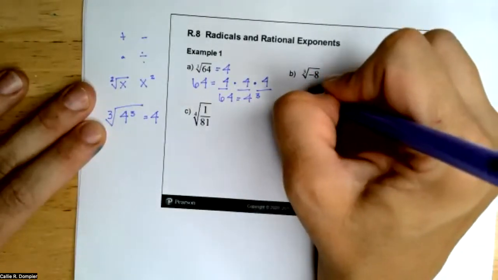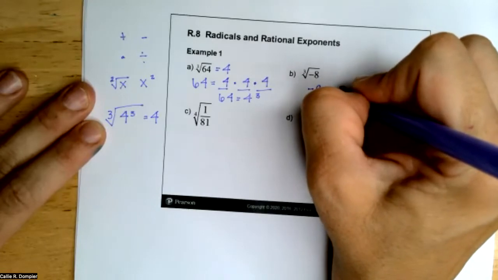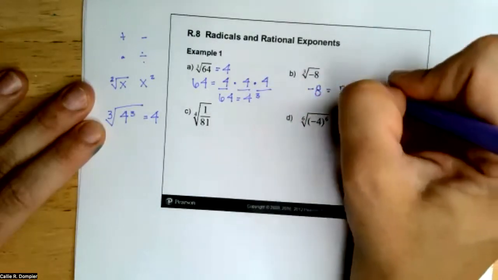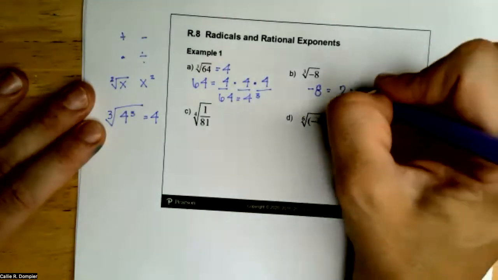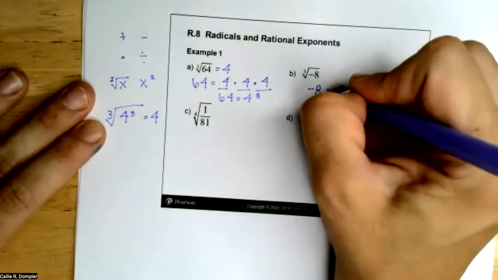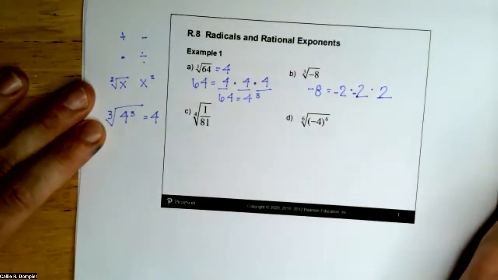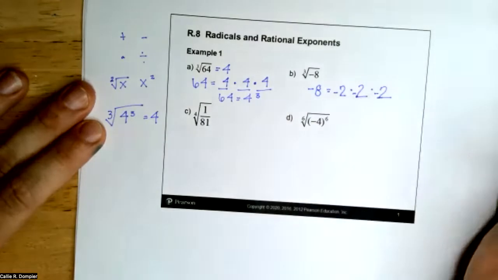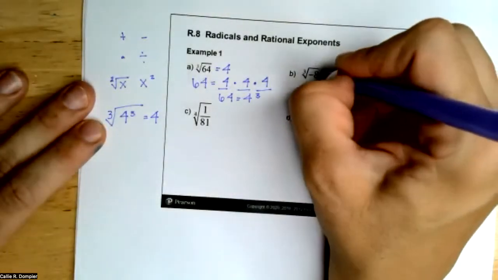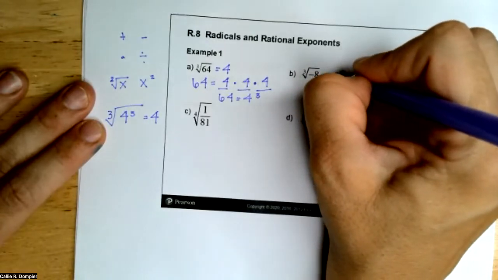Same question. What number do I multiply by itself 3 times to get -8? 2 times 2 times 2 is +8, right? And -2 times -2 is a +4. But if I then take that +4 and multiply it by a -2, I get -8. So the cubed root of -8 is -2.